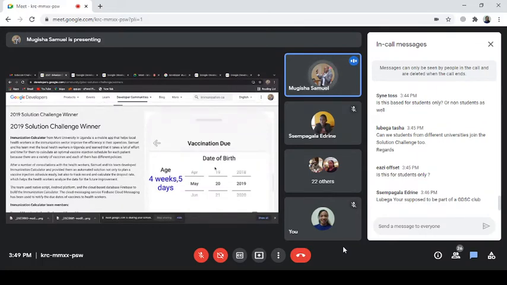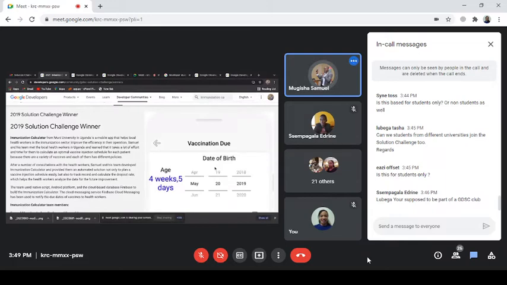So right now, the project is lobbying for funds. It's now a big project under this company, and it does a lot of things.